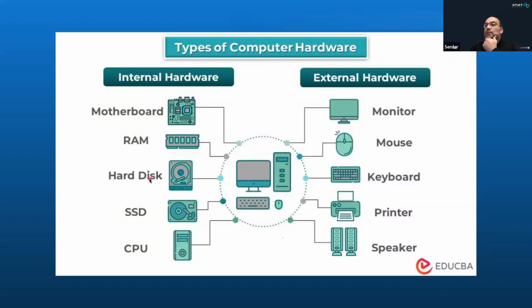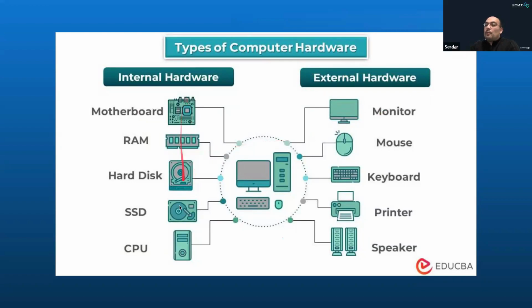We have RAM, we have a hard disk, SSD, and CPU. These are the main components that make up a computer, right? As you can see, it says internal hardware, which means we usually don't see them in a laptop or whatever, but the things that are external, those are the stuff that we usually see, or interact with the computer using this external hardware.